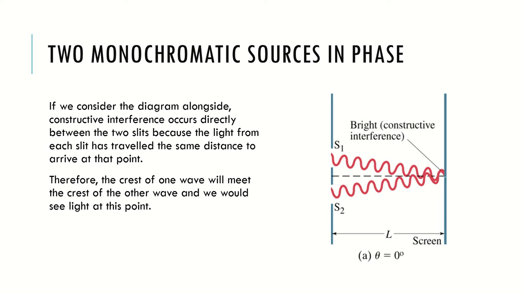So what's going to occur at this point on the screen over here is that they're each going to have traveled the same distance, and their two crests are going to meet. We're going to see a bright light, or constructive interference, because both these waves have traveled an equal distance, and therefore they have a path difference of 0, and it's going to result in constructive interference on the screen.